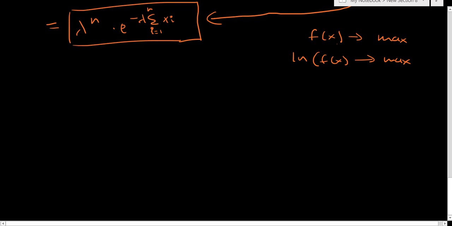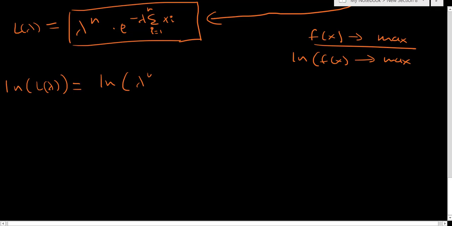So instead of maximizing the likelihood function, that is L(lambda), we are going to maximize the log likelihood function, the log of the likelihood function. So I'll take a log of this term and then maximize it. It's just the log of lambda to the power of n into e to the power of minus lambda sigma xi.